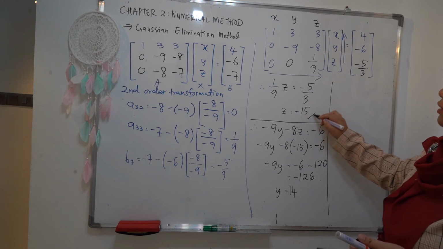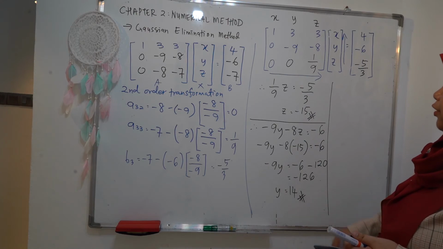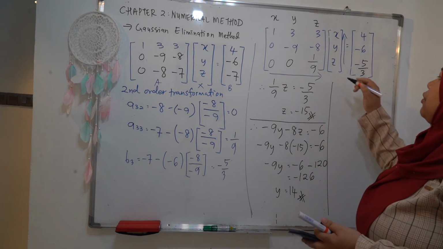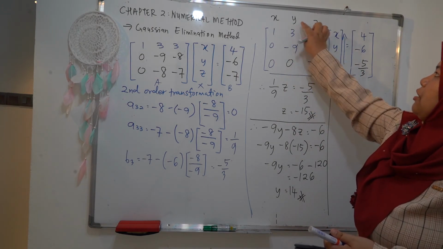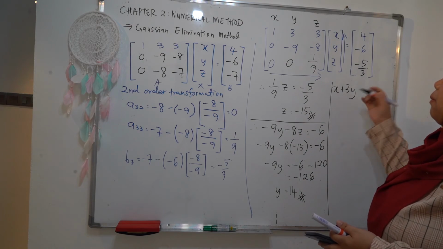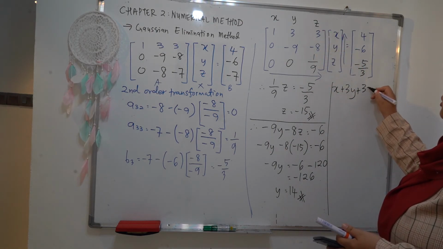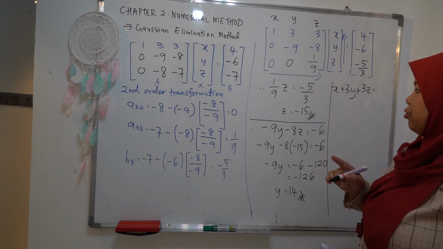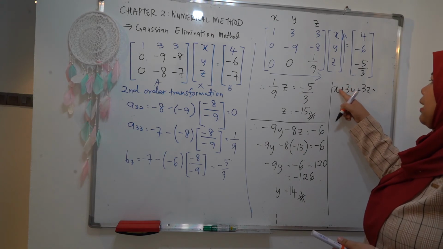So we already have z, we have y. How about x? For x, we start with the first row. So 1 times x, which is x, plus 3 times y is 3y, plus 3 times z, so it will be 3z. Please make sure you always use a plus here.